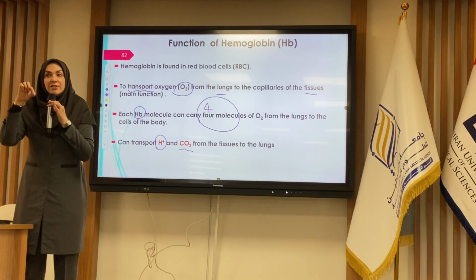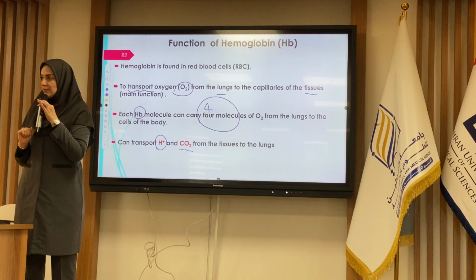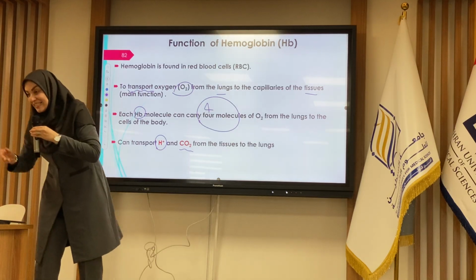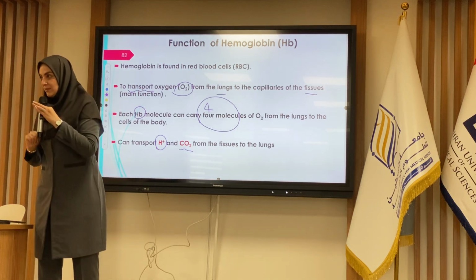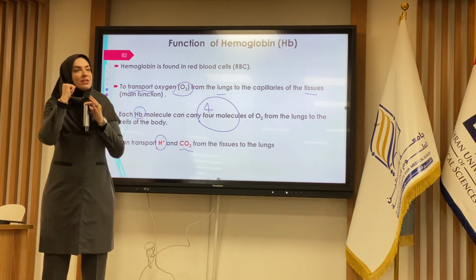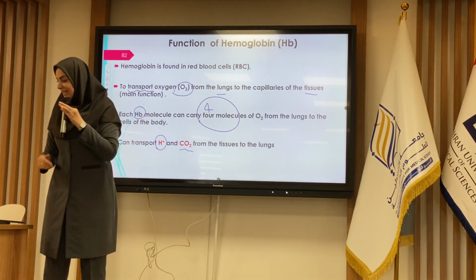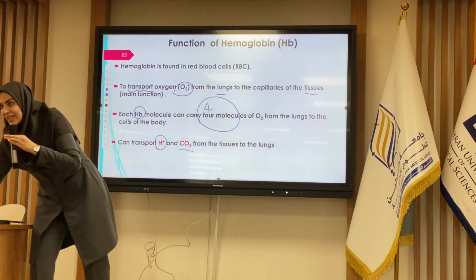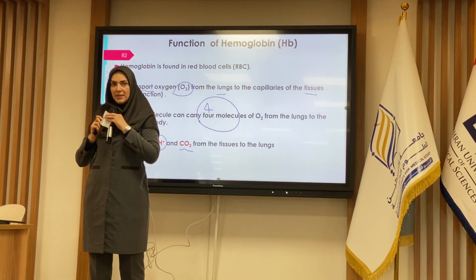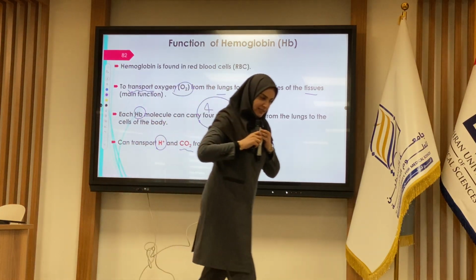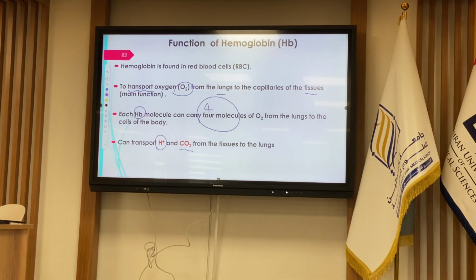This is the first role: releasing oxygen. And another role: not only does it release oxygen, it takes a proton and takes carbon dioxide. Am I right? And it turns back to the lung and releases the carbon dioxide. Do you understand the role of hemoglobin?